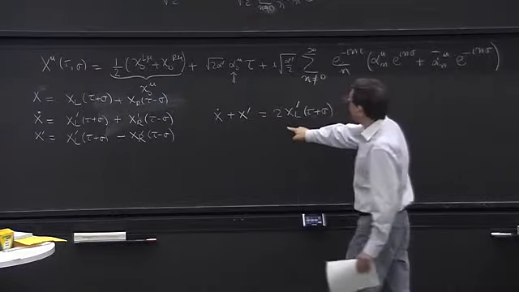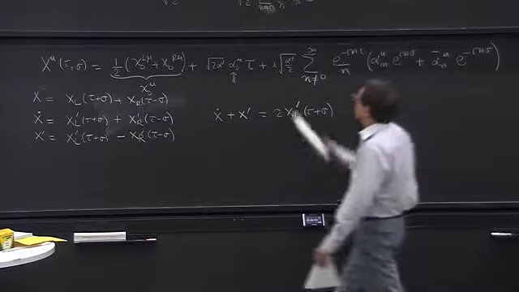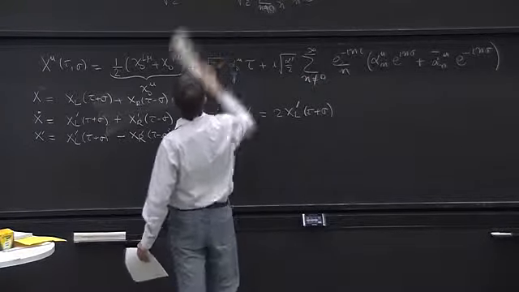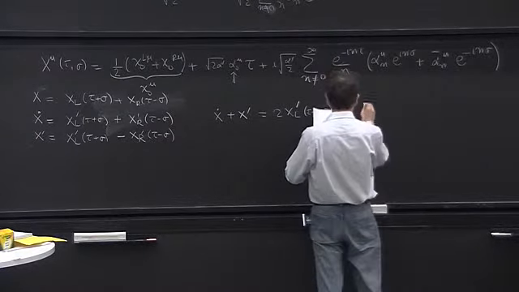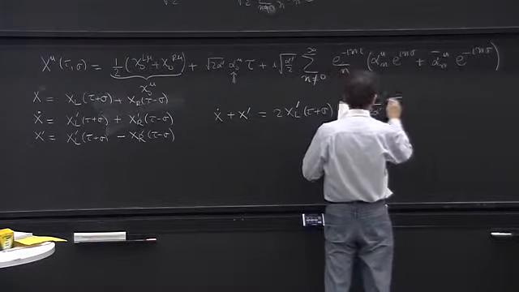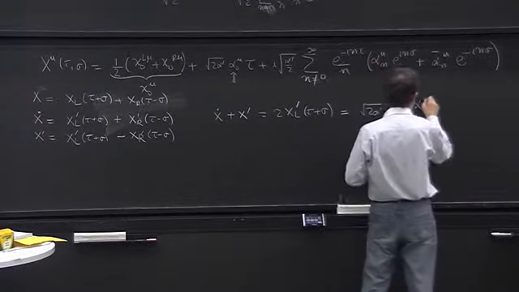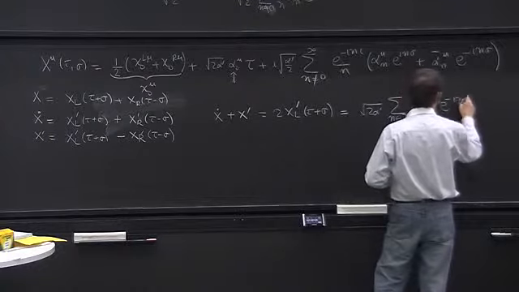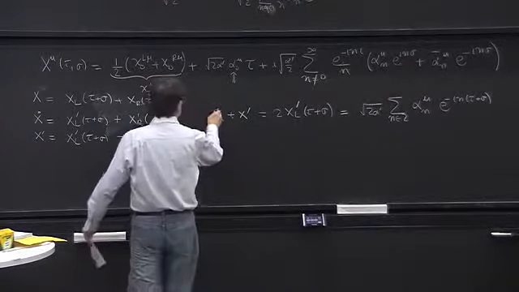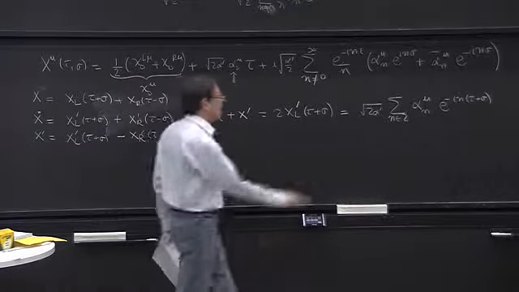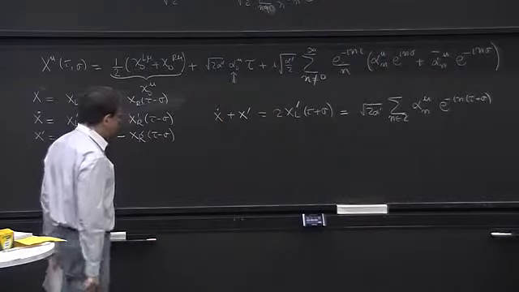And that's the 2 that is responsible for this square root of alpha prime over 2 that we have there, because now this is square root of 2 alpha prime, sum over all n, alpha n mu, e to the minus i n (tau plus sigma). So X dot plus X prime looks exactly like in open string theory, that we had this formula.